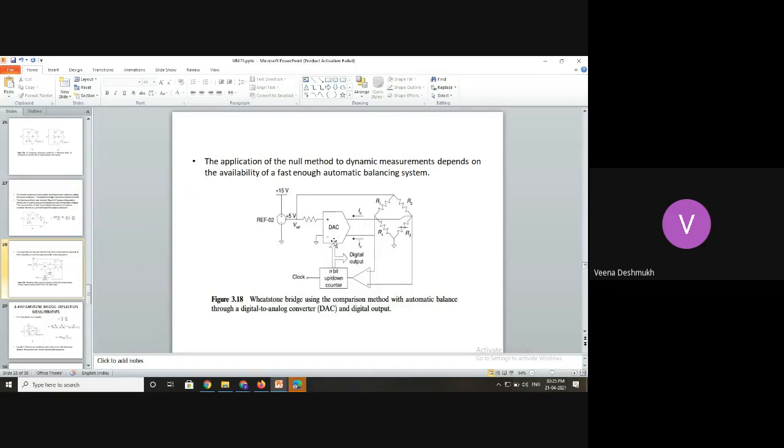Now this digital output is given to the digital to analog converter. So the DAC is used basically to convert this potential difference. Automatically this is converted to digital. This digital has to be converted to analog, which produces more precise values than measuring the potential difference directly across the bridge. Now how does it minimize the error?